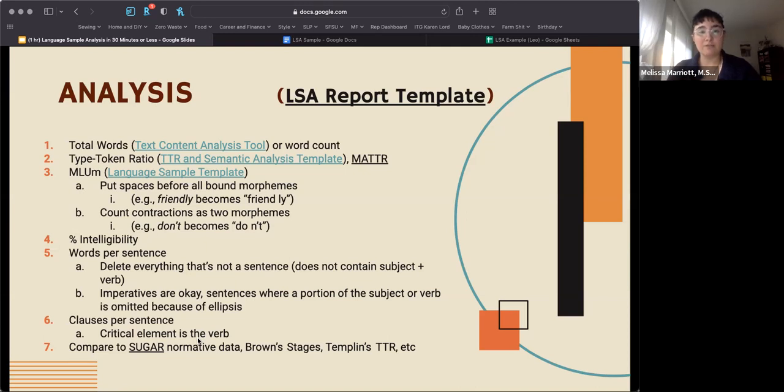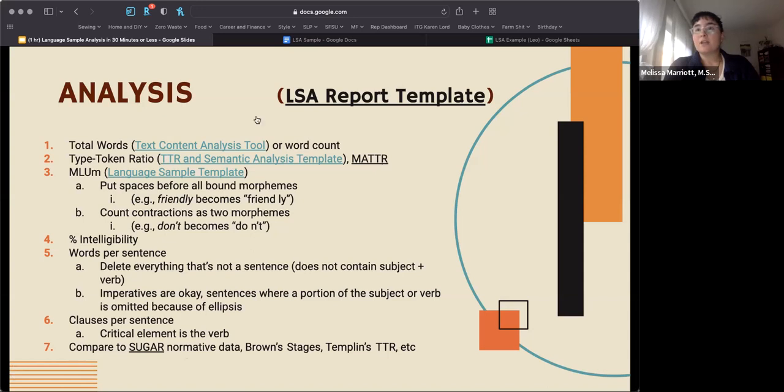They have up to, I think, 11 years old, whereas some of the more traditional data only goes up to ages 6 or 7. So it's harder if you have kids in that older elementary or middle school age range to find normative data. So that's a good place to compare your normative data to.